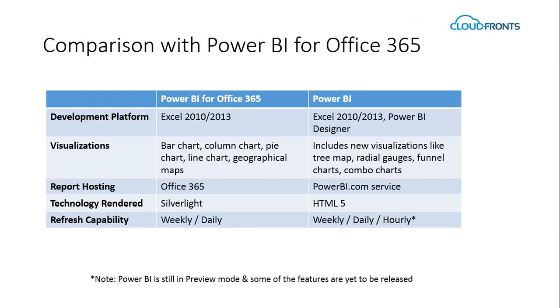But in Power BI, you can directly host the report on the powerbi.com service. Rendering. For viewing the reports in Power BI for Office 365, you need to install Silverlight. But Power BI reports are in HTML5 format, so there is no need to install any third-party tool.